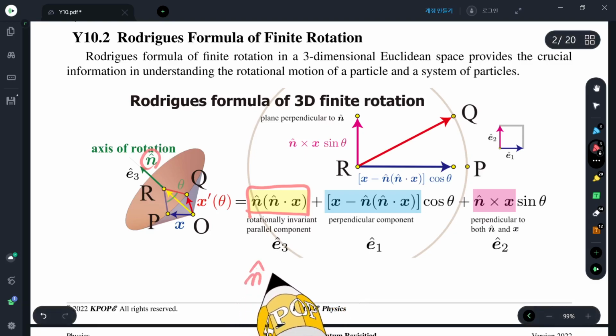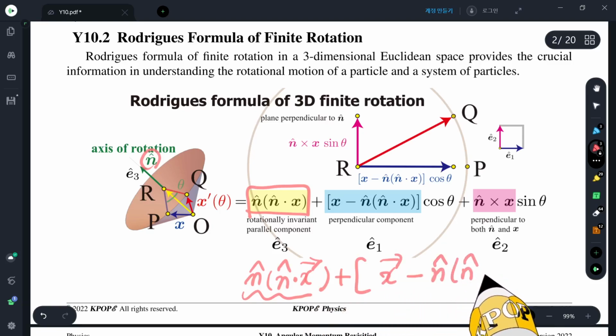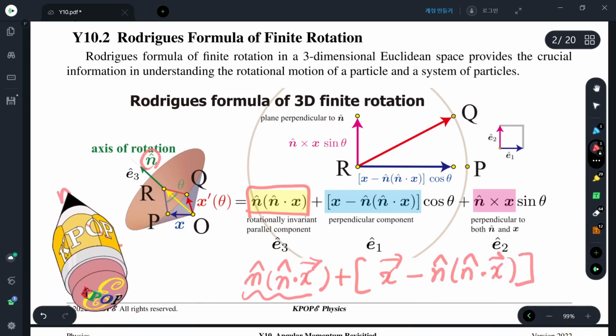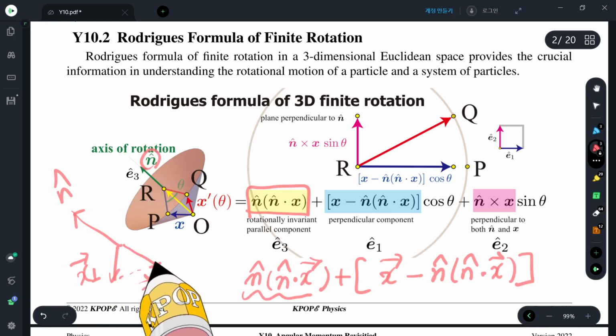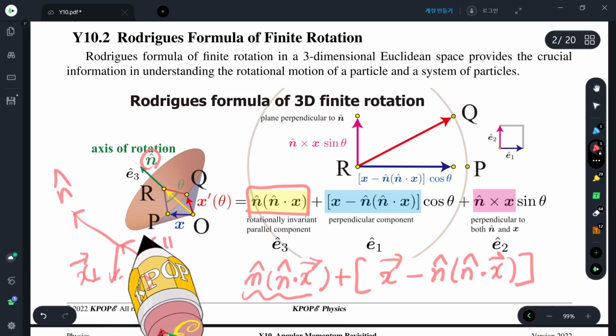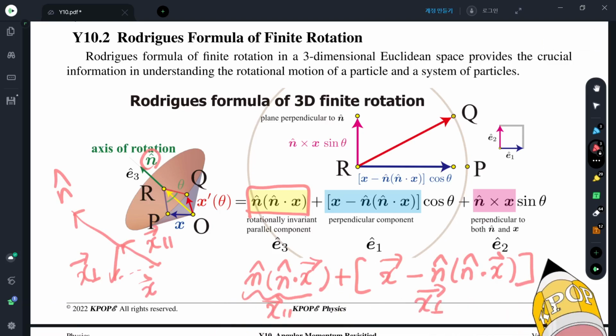At a certain time, this is a longitudinal component that is parallel to the axis, and the original vector subtracted by the longitudinal component is the transverse component. You know this n hat, x parallel, and x perp. This is before the rotation.